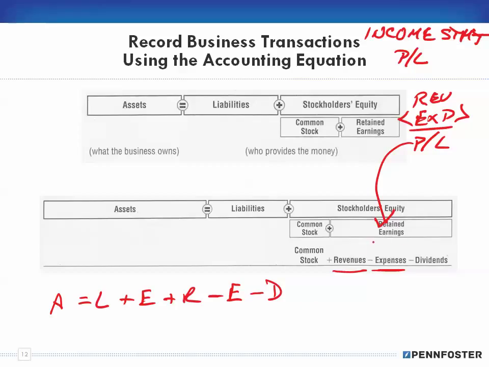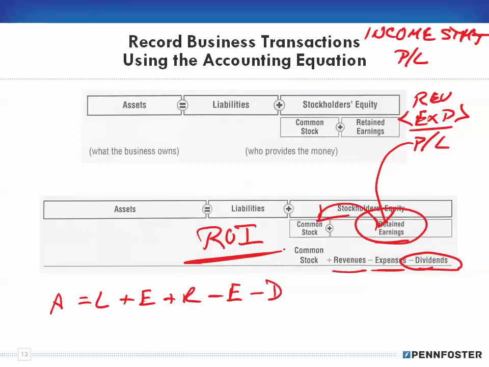Whatever is left over in retained earnings, we use to run and grow the business. If there's enough in there, we want to keep people investing in our business, so we reward the shareholders and give them something back. We take dividends out of the retained earnings and return them to the stockholders, because they're investing with an expectation of a return on investment, an ROI.